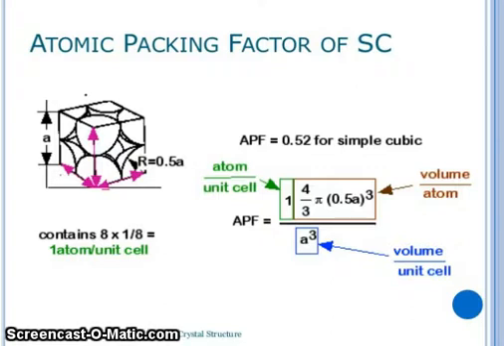APF is equal to 0.52 for simple cubic. So atoms per unit cell 1, volume per atom 4/3 pi (0.5a) cubed, and a cubed volume per unit cell. So APF is equal to 1 times 4/3 pi (0.5a) cubed over a cubed.